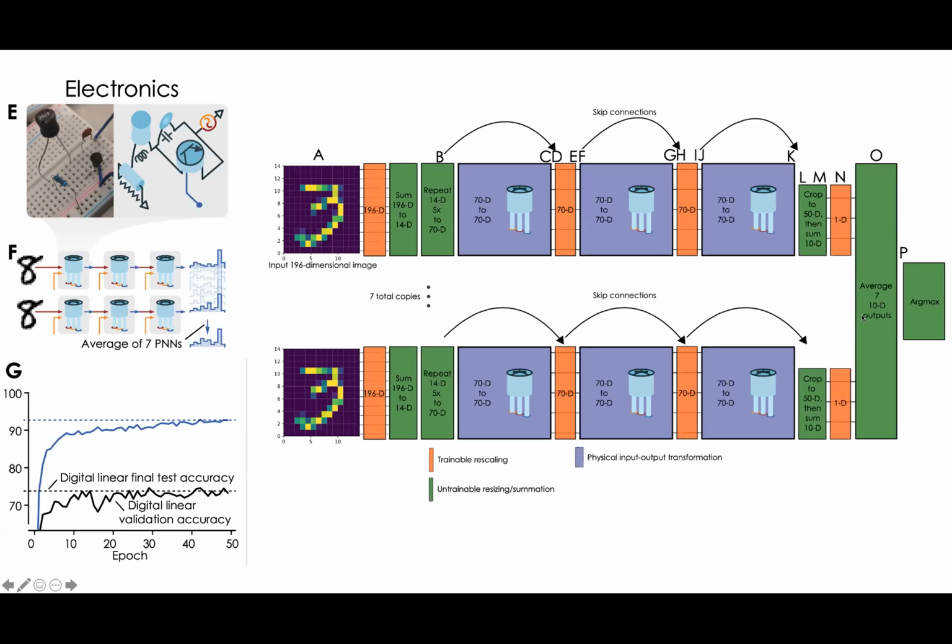The copy just means the structure is the same, but the trainable variables are different. They are trained independently. And in the end, they average the outputs of the 7 channels, and then take the argmax. So you can see that this is depth and this is width. And also you can see the difference, so the point is these 3 physical transformations are critical.